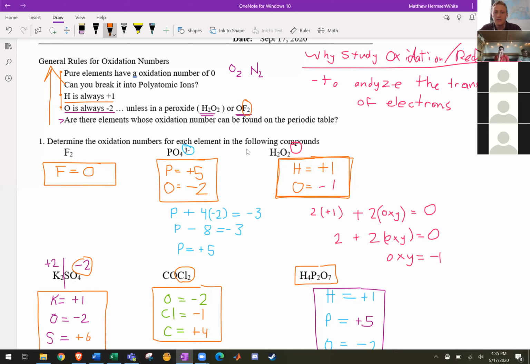So I think the only 2 they would throw at you are H2O2, which is the one we did, and then OF2. So why don't we do this one real quick? In this case, this is an exception where fluorine is -1 and oxygen is +2.